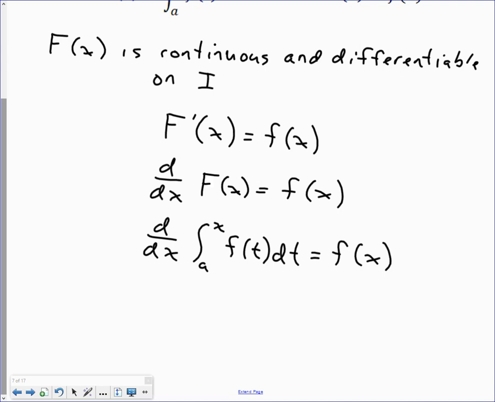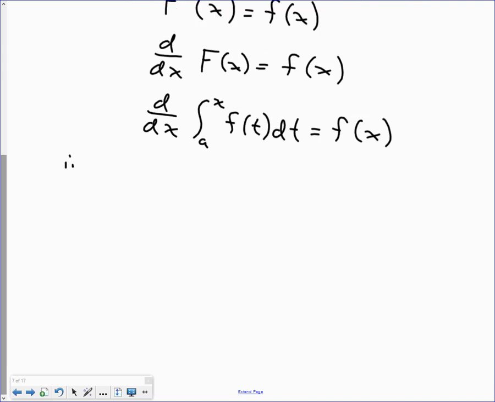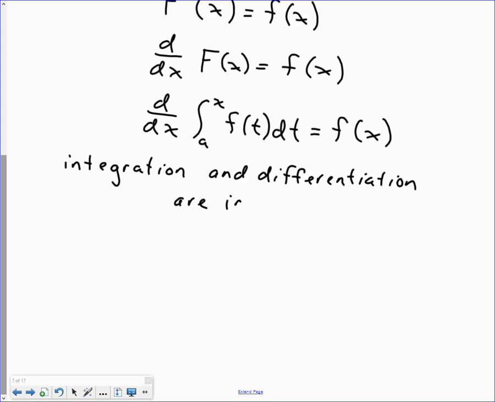These are two different geometric problems. Why are they connected together? Fundamental theorem of calculus says that they are. Integration and differentiation are inverse processes.